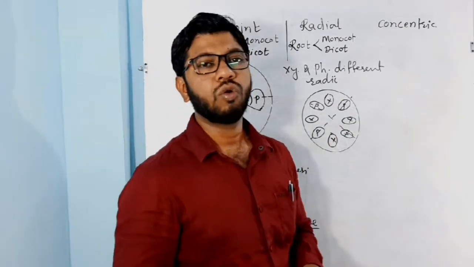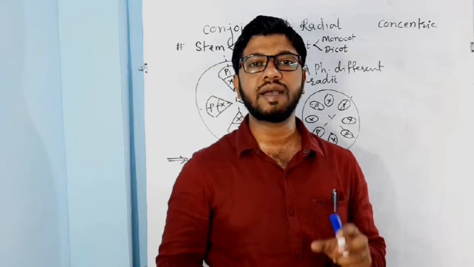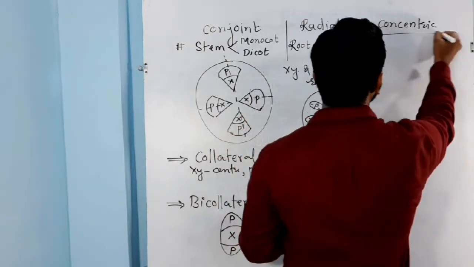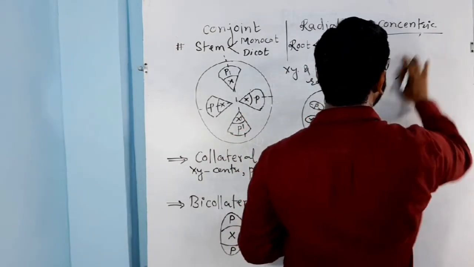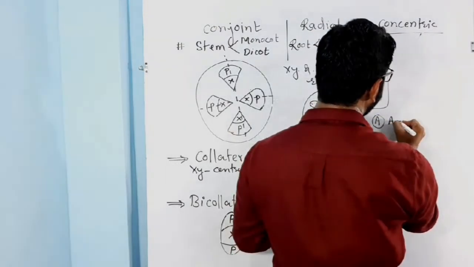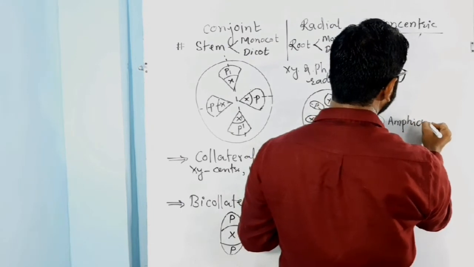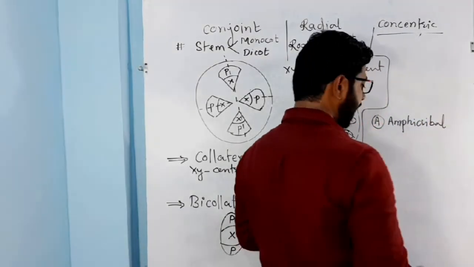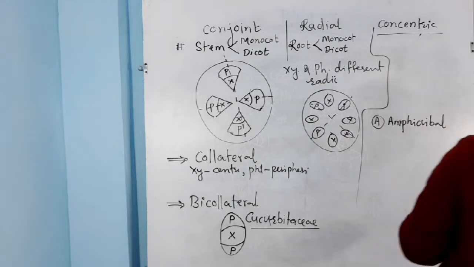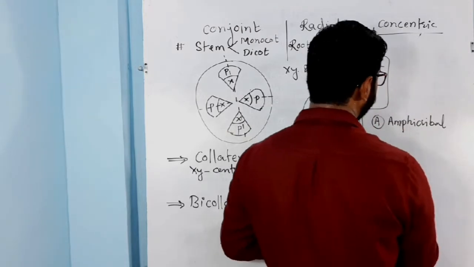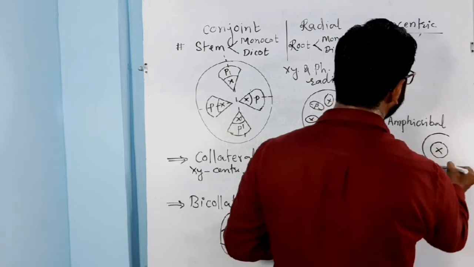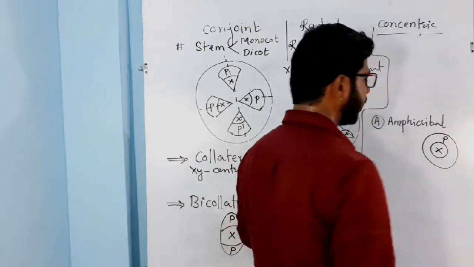Concentric vascular bundle. In this kind, one type of vascular bundle is completely surrounded by another type of vascular bundle, and it has two cases. The first one I am writing over here. The first one is amphicribal type. In this amphicribal vascular bundle, xylem is facing at the center and it is completely surrounded by phloem.